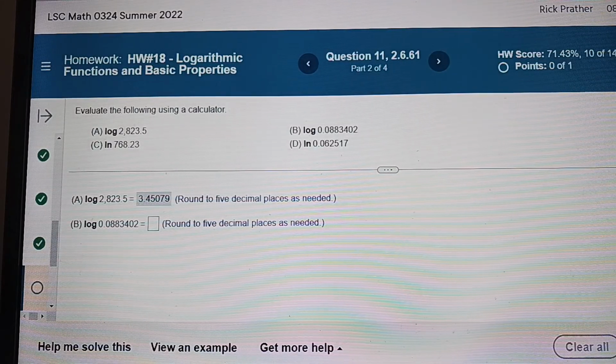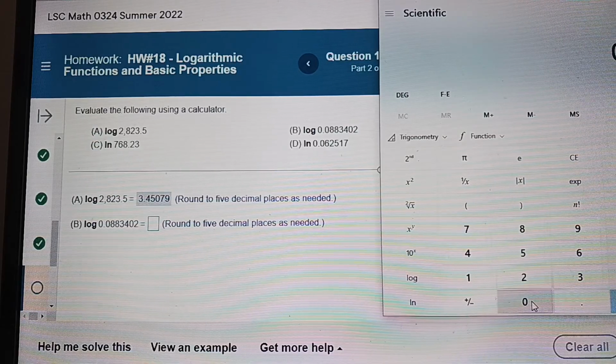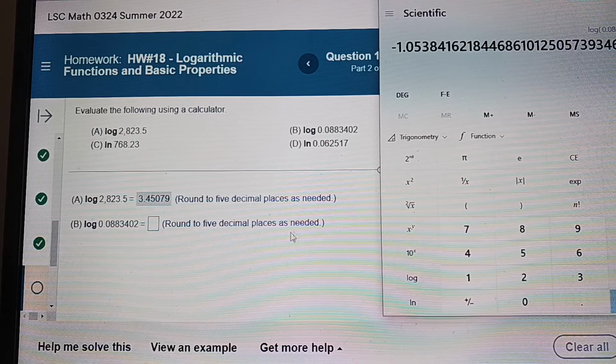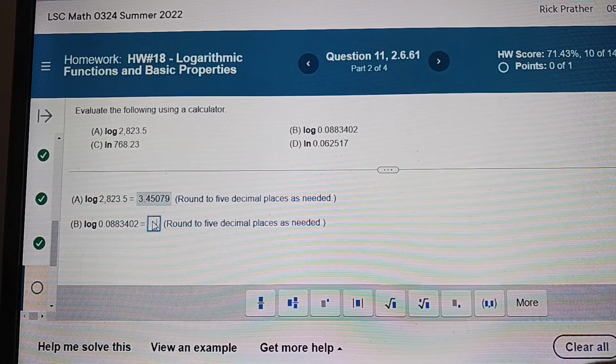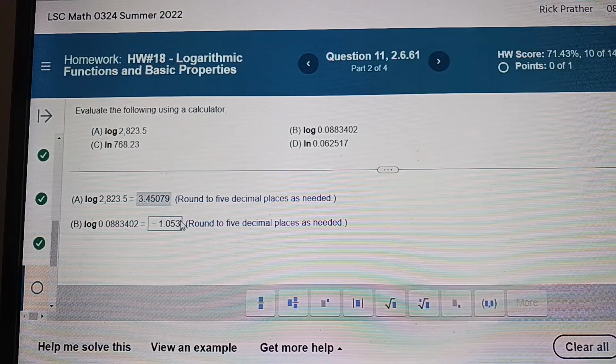So now I'm going to type in 0.0883402. And then it's common log, round to 5 decimals, negative 1.053. There's the first 3 decimals. 841.